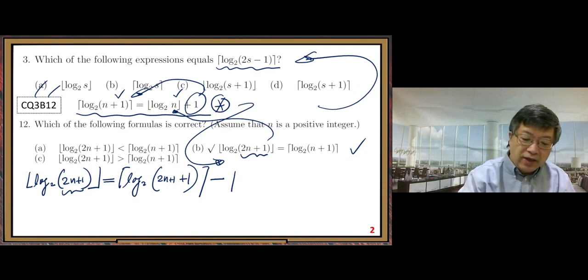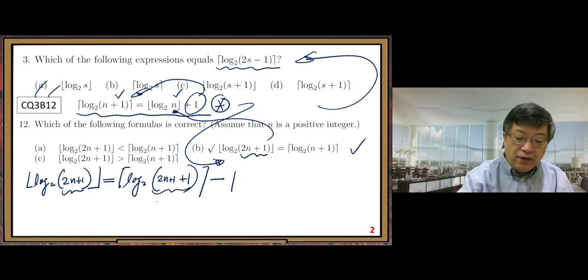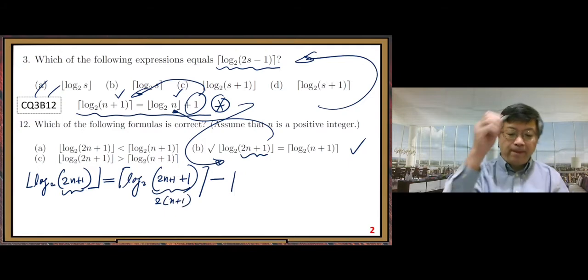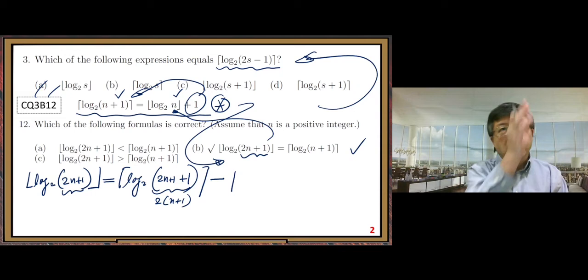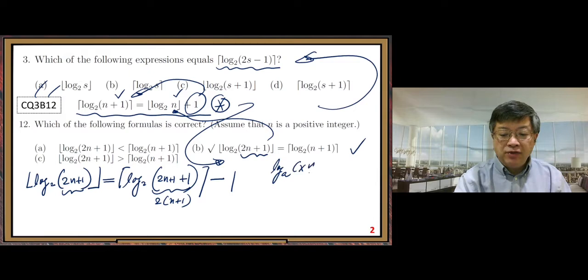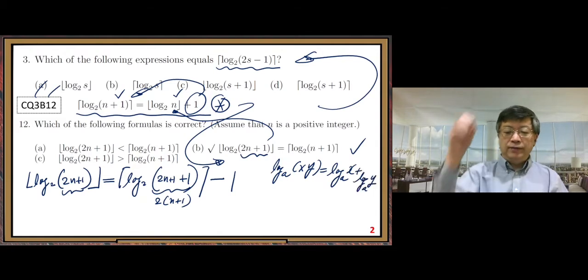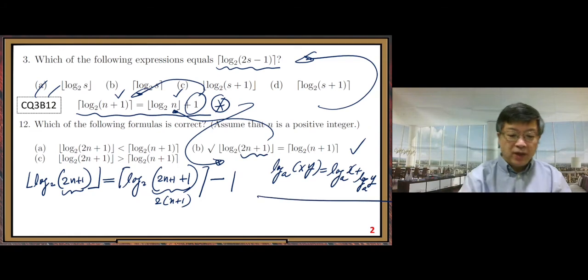All right, so this whole thing, 2 times m plus 1, is a product of logarithm. So log base a of x times y, we use this property: log base a of x plus log base a of y.